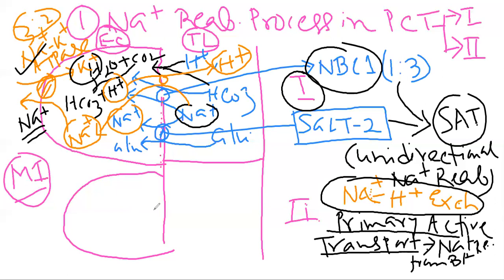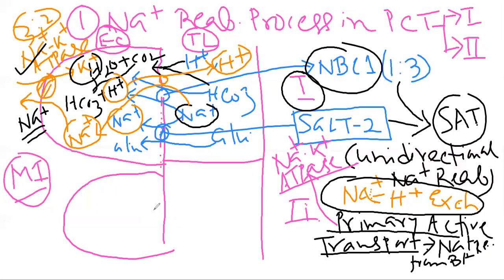So here it is the pump known as the sodium potassium ATPase, where three sodium ions will be reabsorbed in exchange of two potassium ions. It is the example of primary active transport mechanism, where ATP is mainly required for reabsorption of sodium ion.